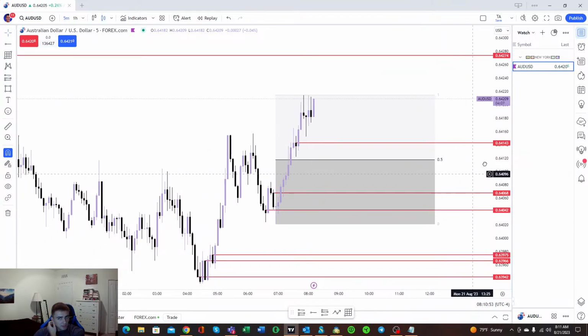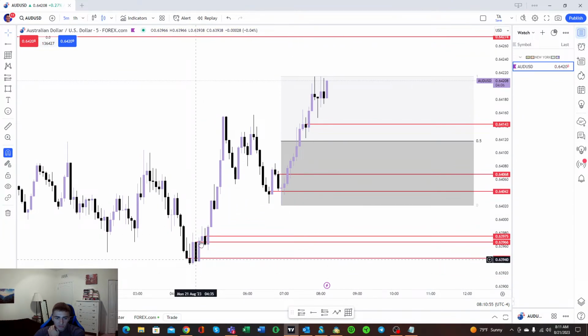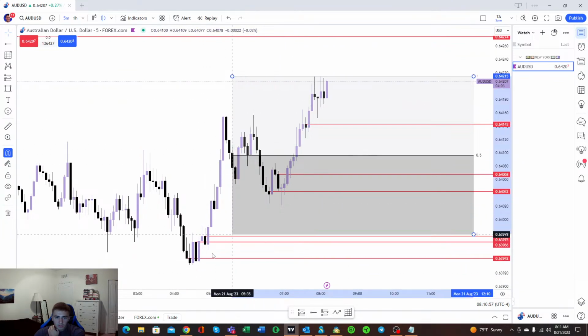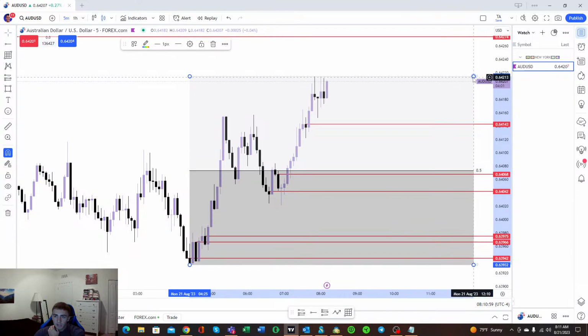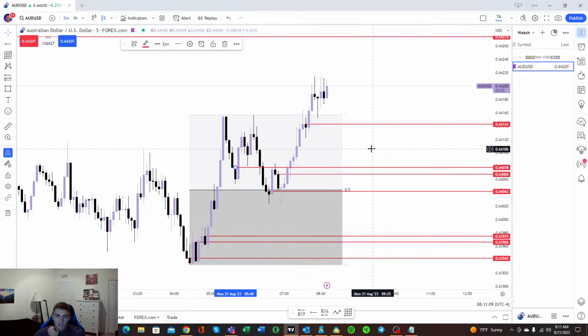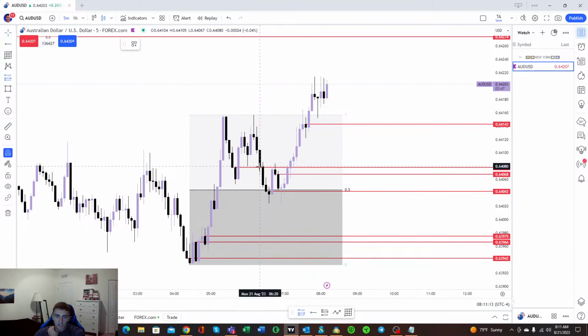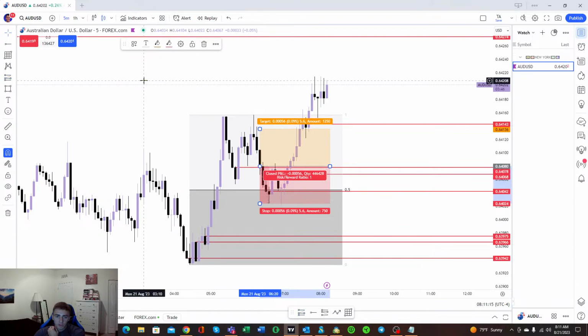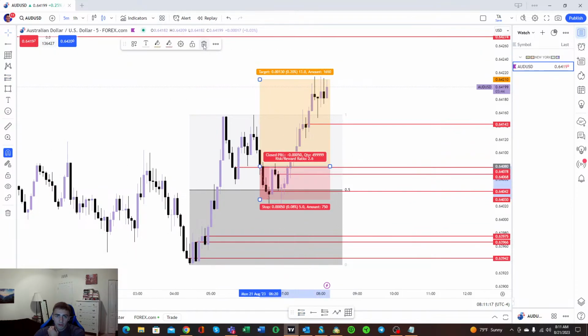A perfect example right here, you see this push up. Price came back down, right? There's a zone right here, right above 50. This candle actually held that, and had we got in on this candle close, we would have got stopped out.